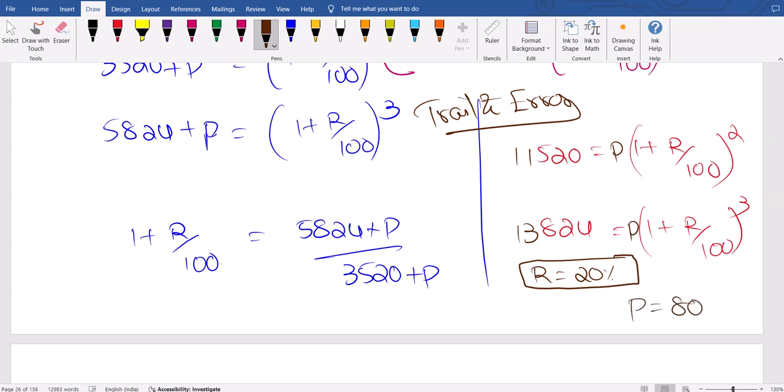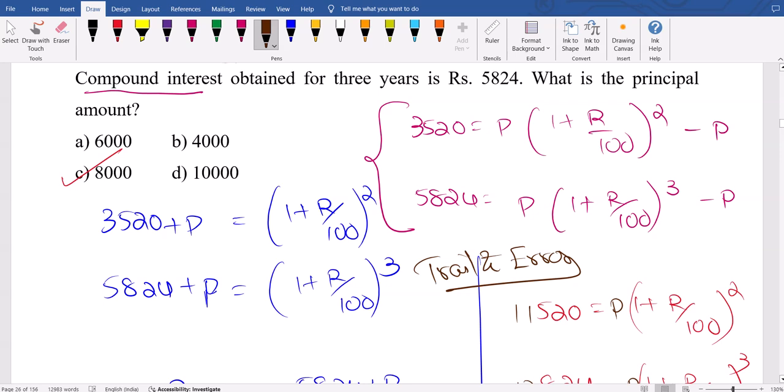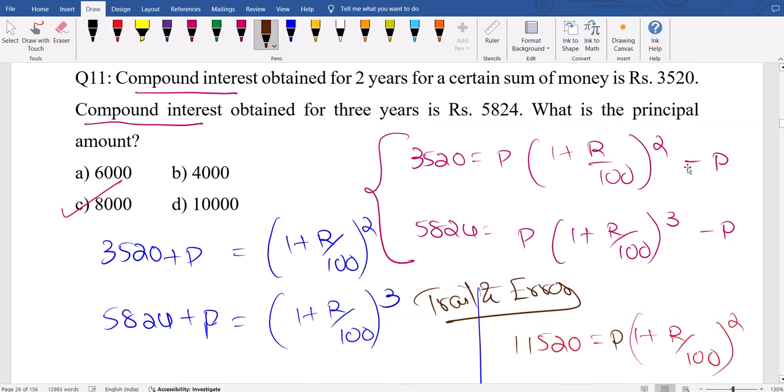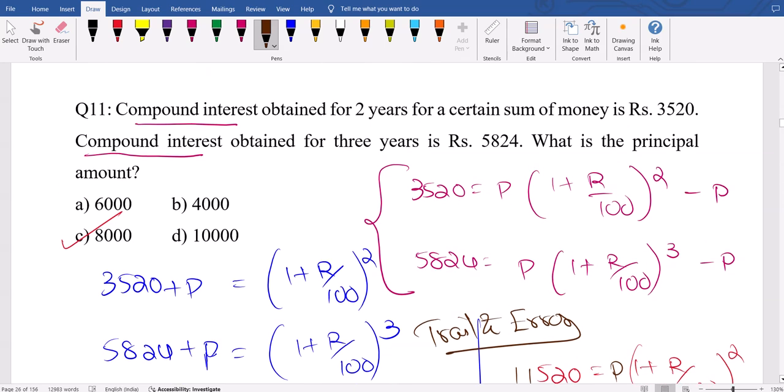So do trial and error for certain questions. It's not always that I have an equation and I'll solve it. If anyone got an easy method for solving this, happy. But see, this is a bit complicated equation we got. Or else, a suggestion: can we get the rate of interest directly?